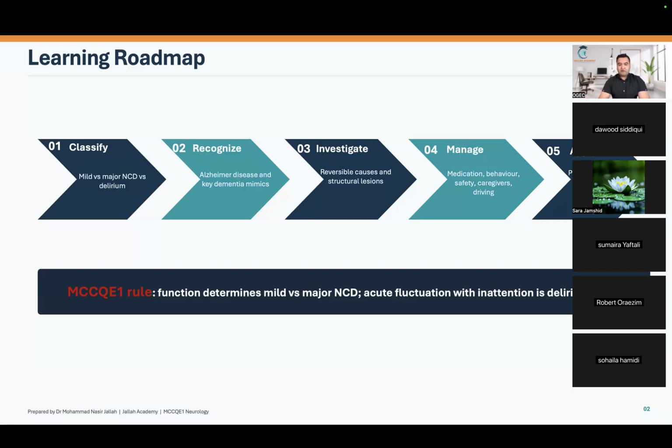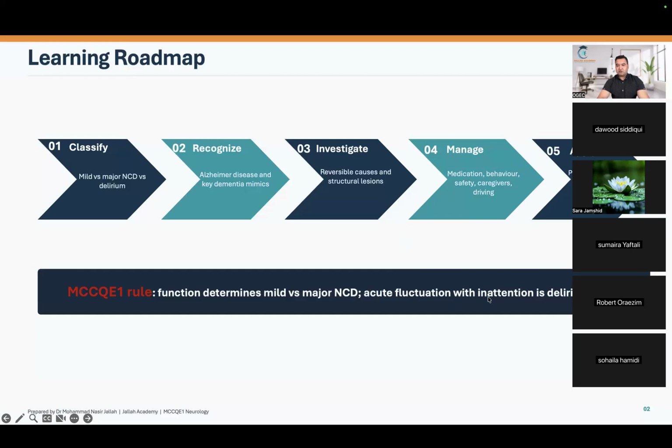MCQ rule: function determines mild versus major neurocognitive disorder. So it means if the functionality or the day-to-day activity is affected or lost, it is major. If it is still intact, then it's mild. Okay, we're going to talk more about it.